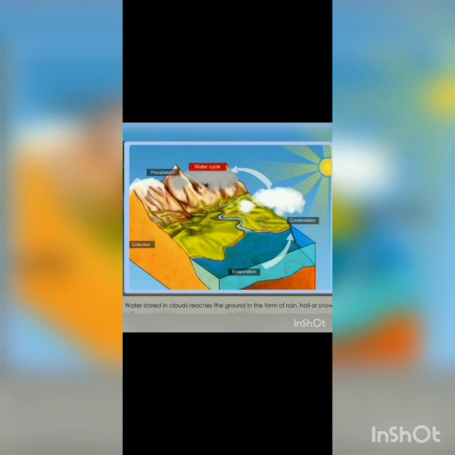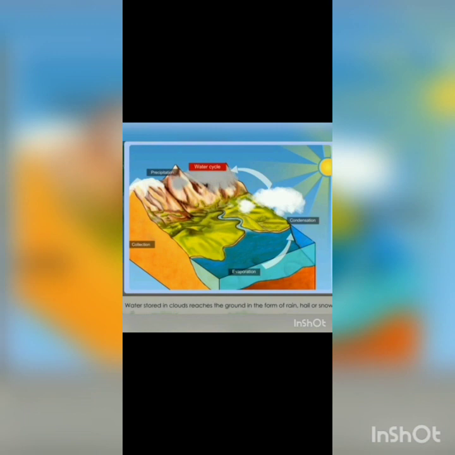Children, first of all, what is meant by the water cycle? Going to the sky as water vapor and from the sky to the earth as rain is called the water cycle. It begins in the sky and ends on the ground, and the processes in between happen. There are three main processes: evaporation, condensation, and precipitation.